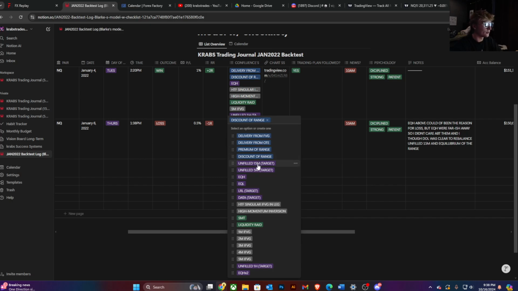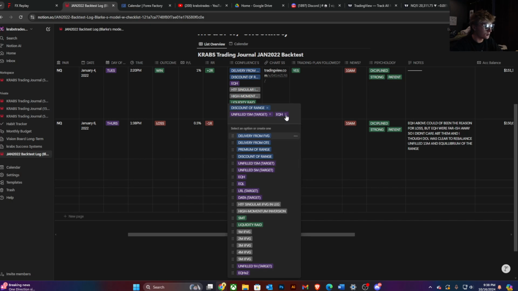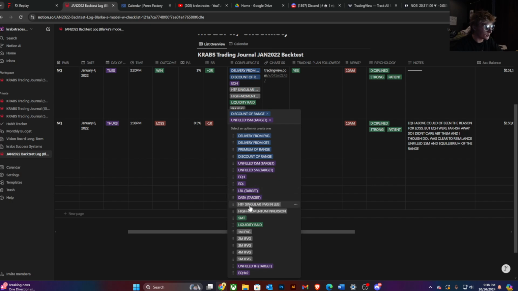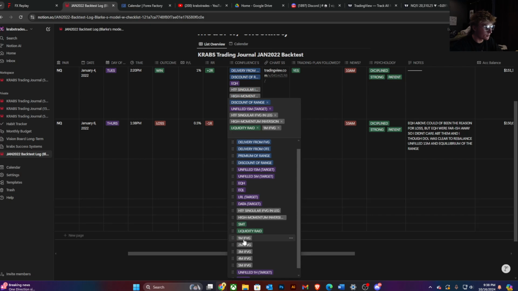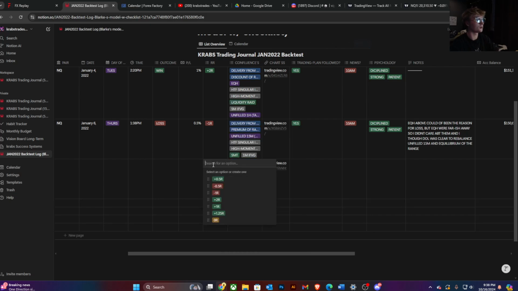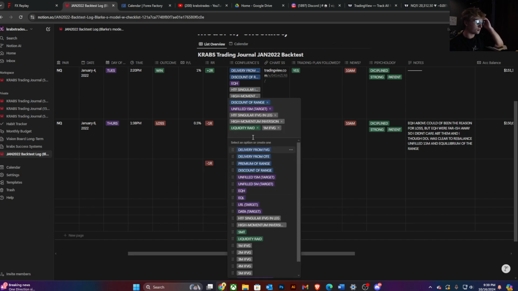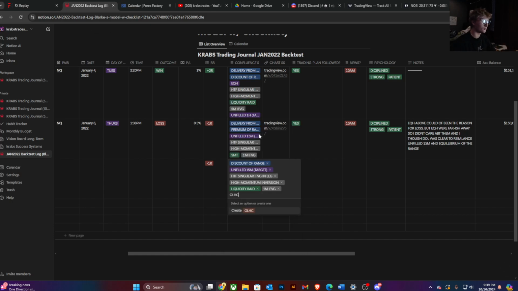Discount delivery off. Are we at unfilled 15-minute above, equal highs above, but very far away, so I'm not going to count it. High momentum inversion, liquidity sweep, 1 minute. But yeah, it did look clean. Also, we had open low, high close.